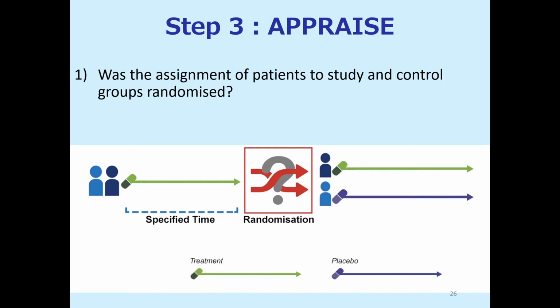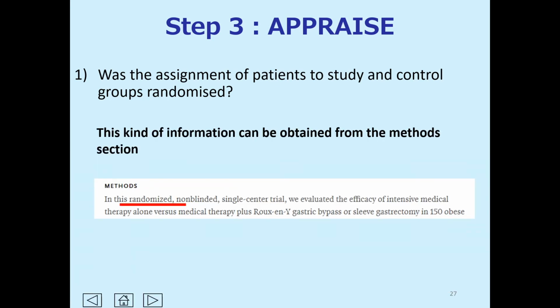So the first question is, was the assignment of the patients to the study and the control group randomized? Randomization is one of the important things done in randomized controlled trials. I'm sure you can recall what randomization is. So where can we find the details about randomization when reading the article?